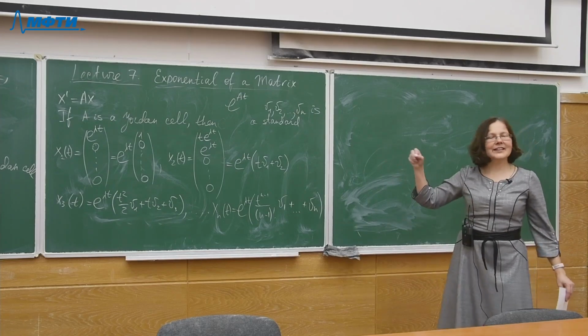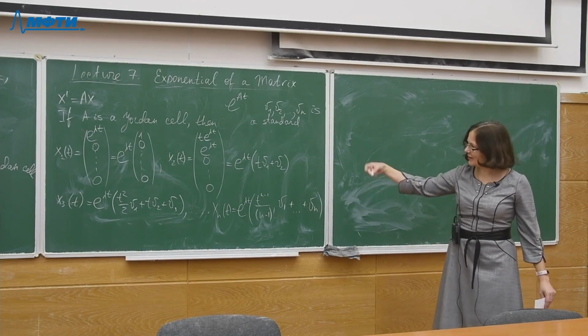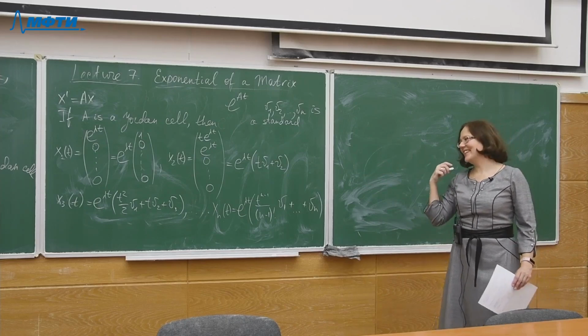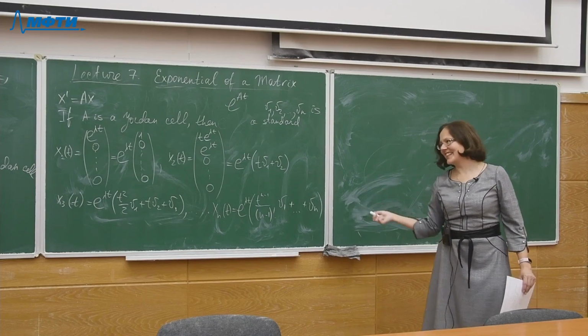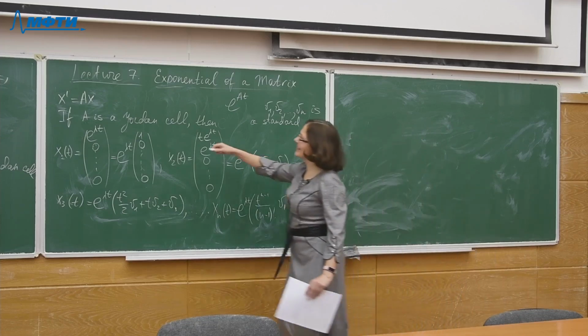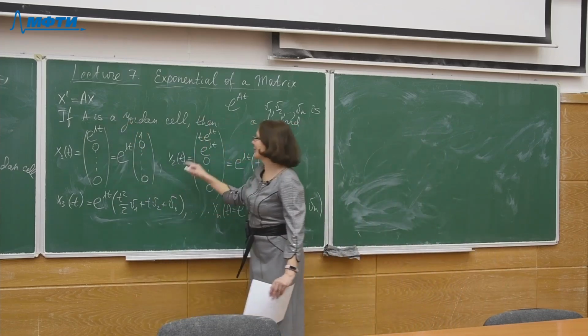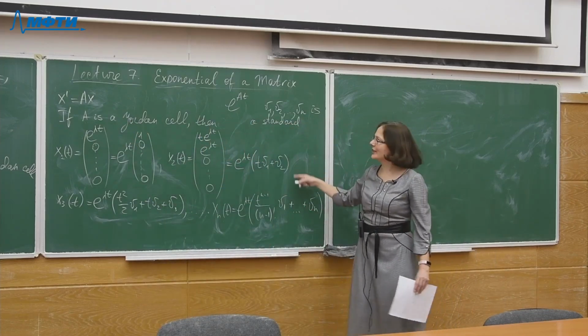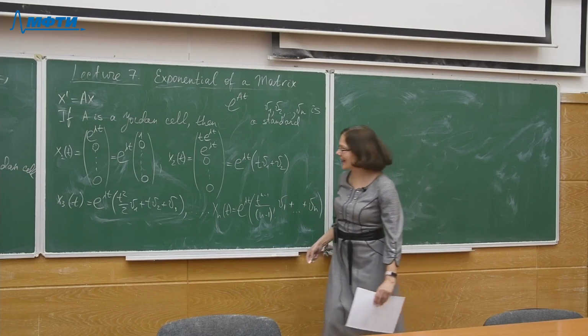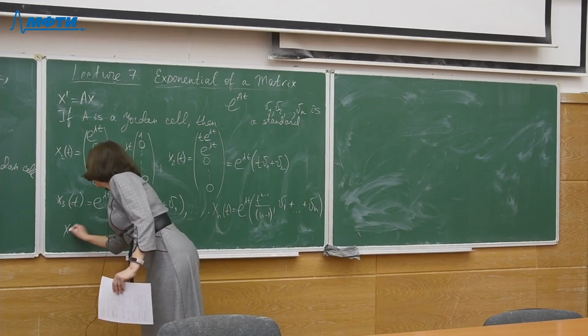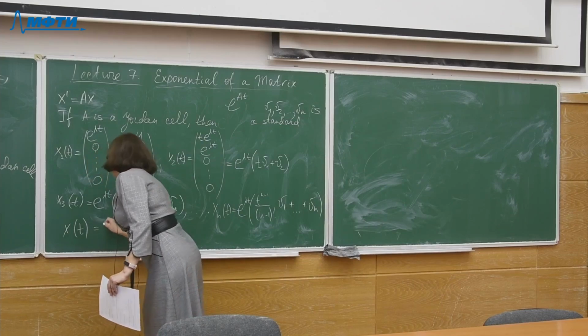These are linearly independent solutions. They are given by these formulas, and so the last step, to find the general solution of this equation, we should take the linear combinations of these vectors x1 and so on, xn. So the general solution will be given by the linear combination.